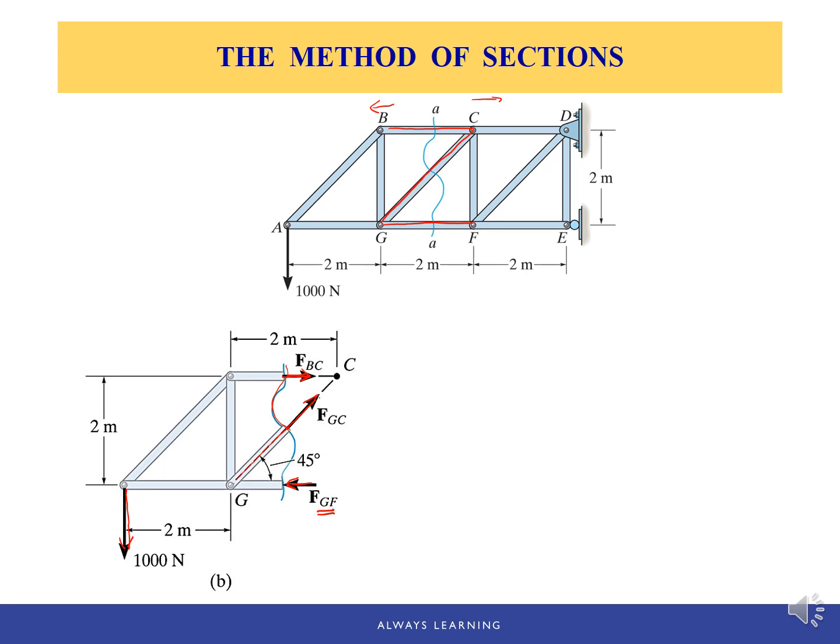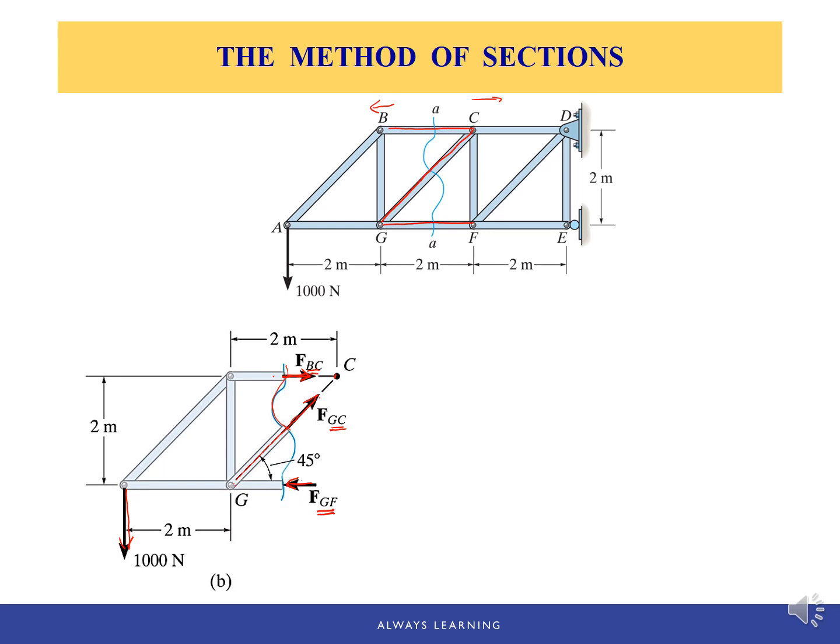And also you want to indicate the relative location of the forces, because FBC and FCG are concurrent. The lines of action join at point C. So this will help us to write the equilibrium equations later. So we want to indicate the relative relations of those forces.